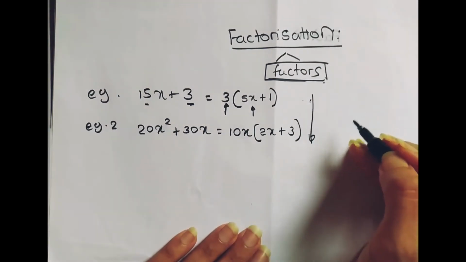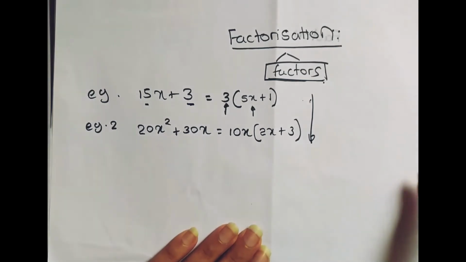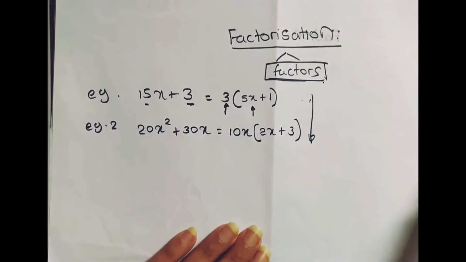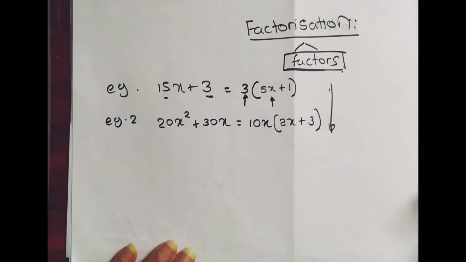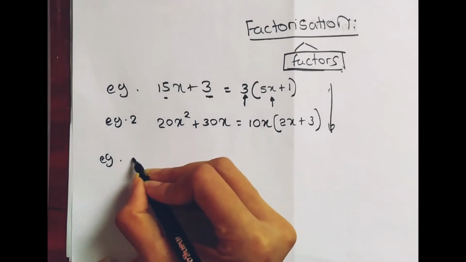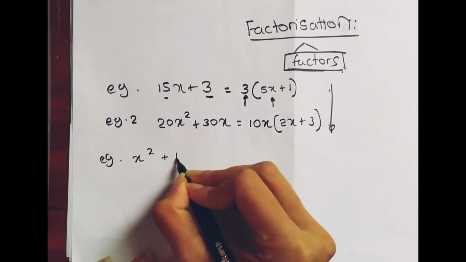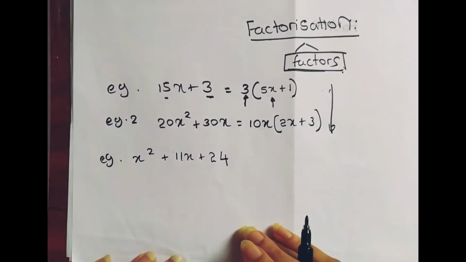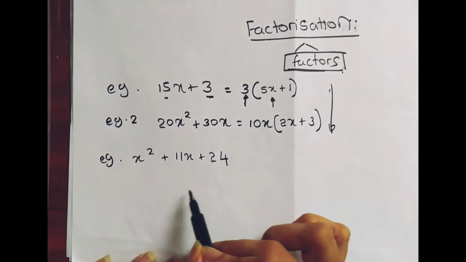But what if you have a quadratic? This is also quadratic, but you don't have a constant here. Now think, if it is something like this, for example, x squared plus 11x plus 24. How to factorize these?